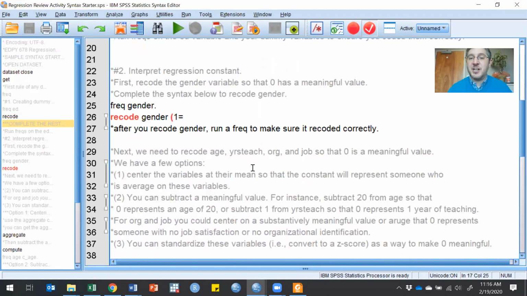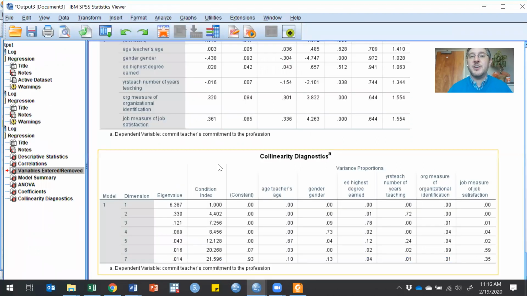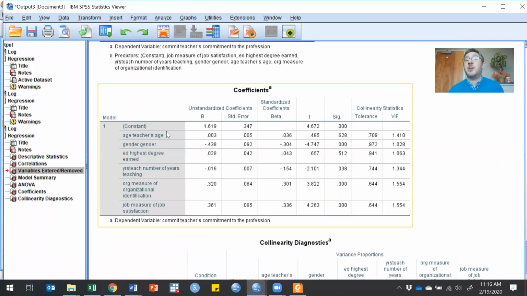Interpret the regression constant. We didn't talk about that here. So how do we interpret the regression constant? It is the value of the outcome when all of your independent variables are 0.